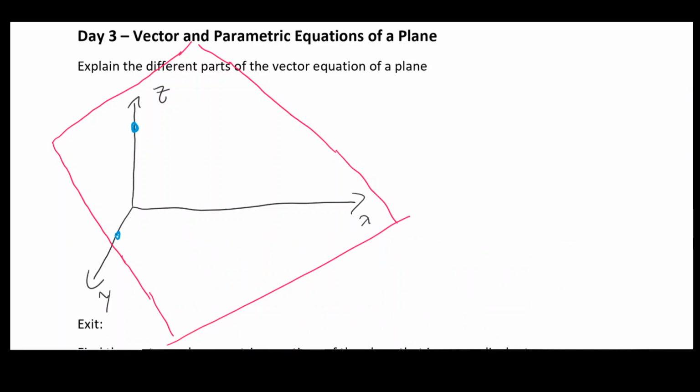So if I imagine where that plane is piercing the xy axes, so that part of the axis is in behind, and that part of the axis is in behind, and that part of the axis is in behind.